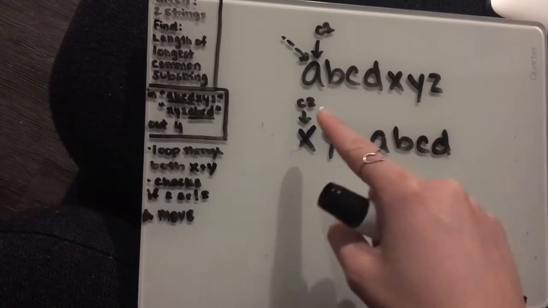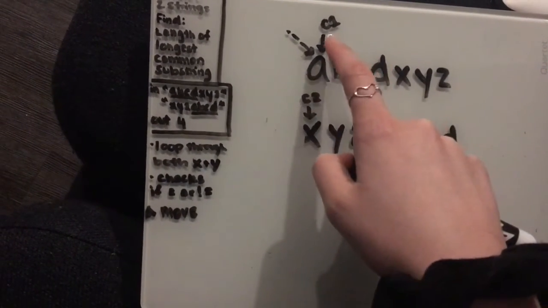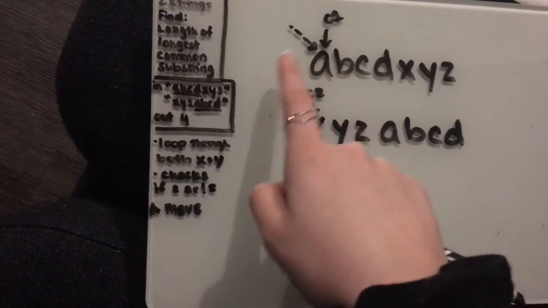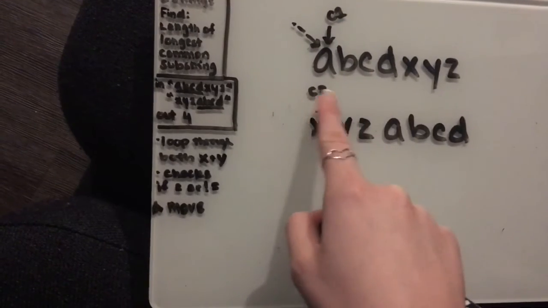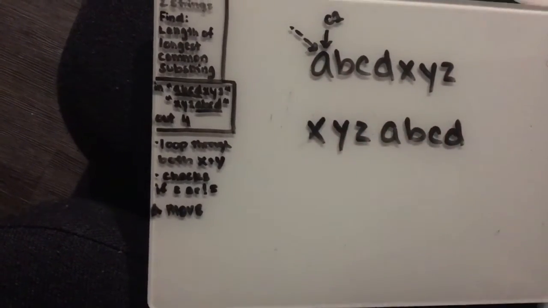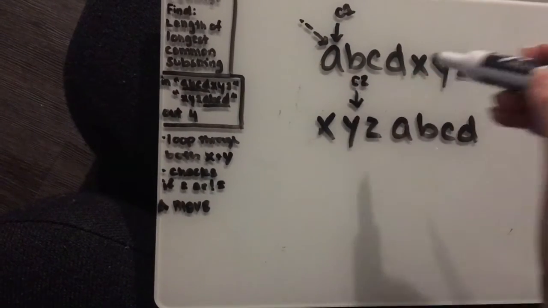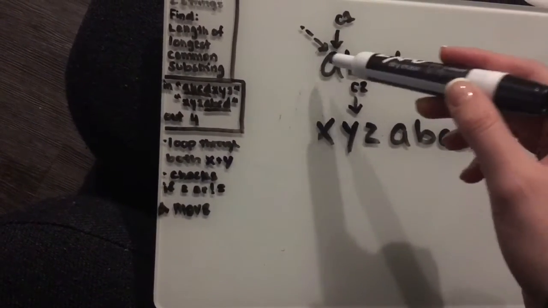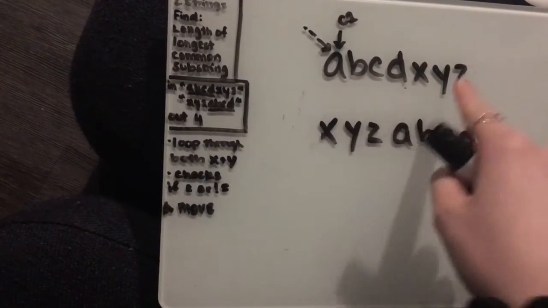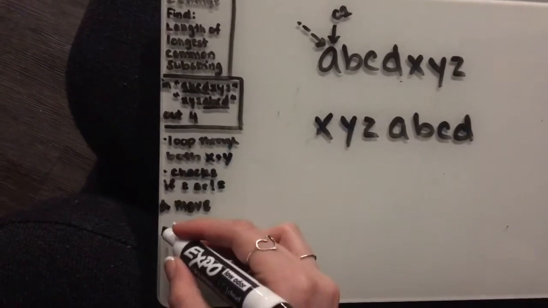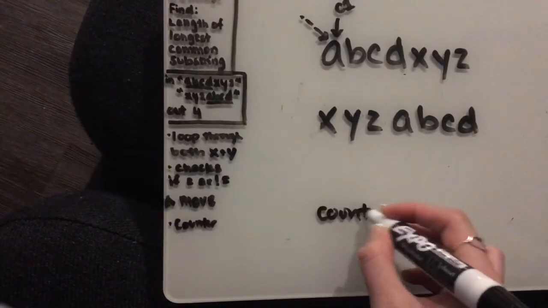If it's not, then if I is the same as C1, and C1 and C2 are not the same, then we'll just move Y. So now we check, are these the same? No. We're going to have a counter. Counter equals 0 to start.